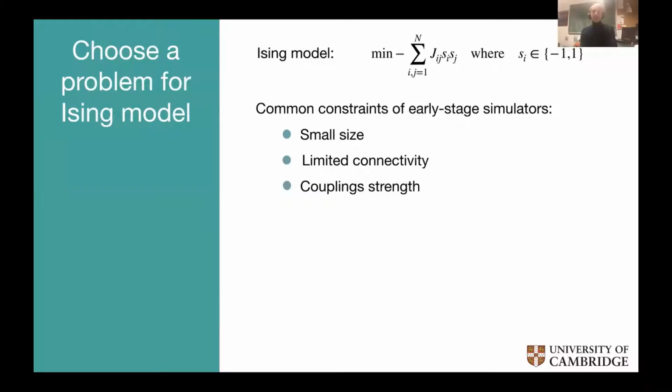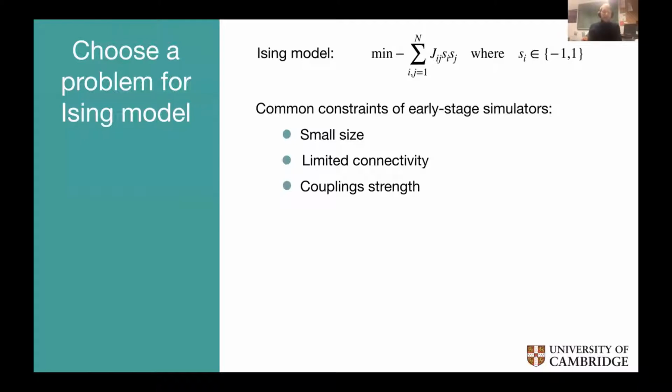So the Ising spin Hamiltonian is shown here on top. Basically, it's a quadratic unconstrained binary optimization problem with coupling interactions J between the elements. And when it comes to building a new simulator for solving, in this case, the Ising model, or any other spin Hamiltonian, usually you have some limitations for the physical platform, which are commonly the ability only to engineer at the beginning small size problems, commonly a few tens of elements, maybe a few hundreds if you're lucky.